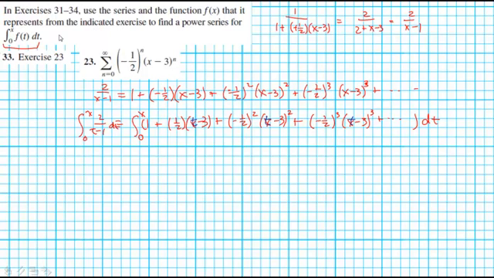Now the other thing is, this side is a relatively easy antiderivative to make. It ends up being 2 natural log of absolute value of t minus 1, evaluated from 0 to x.